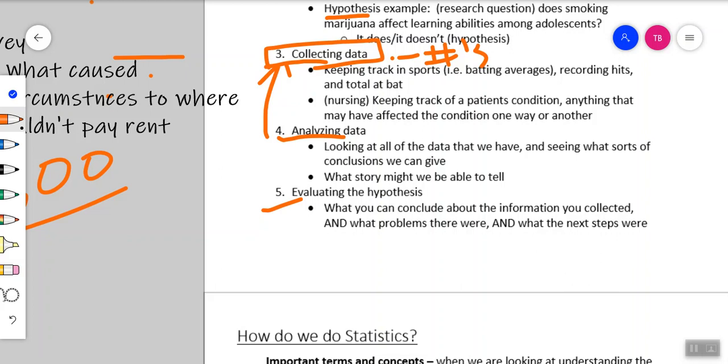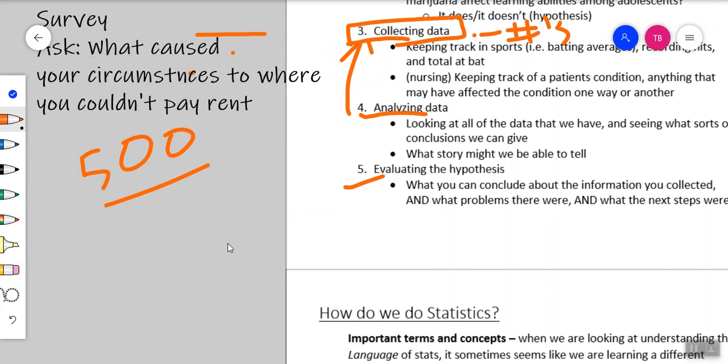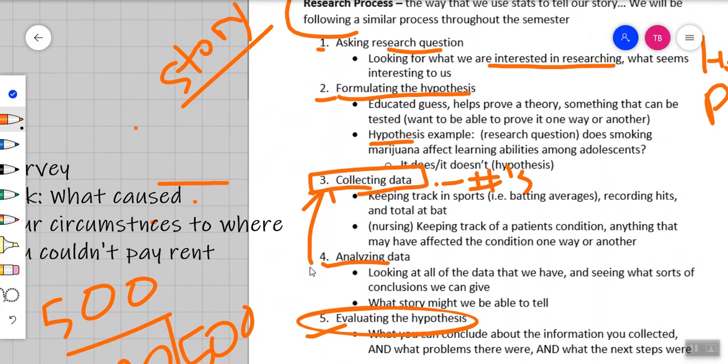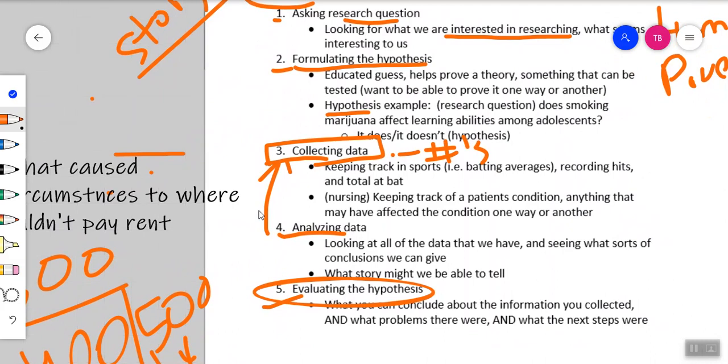You might see that 400 out of 500 people that took the survey were facing poverty and also homeless. Then you might make the argument that your hypothesis, your idea of how these things might be related, was true.